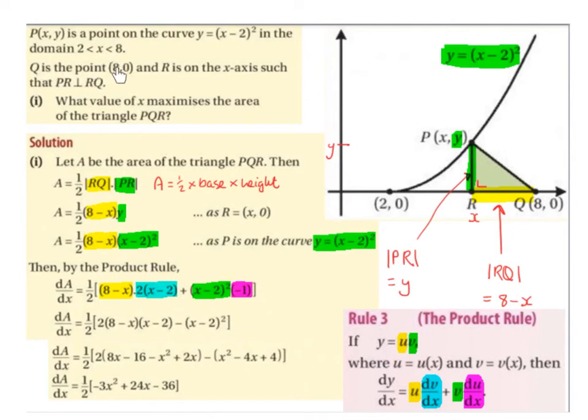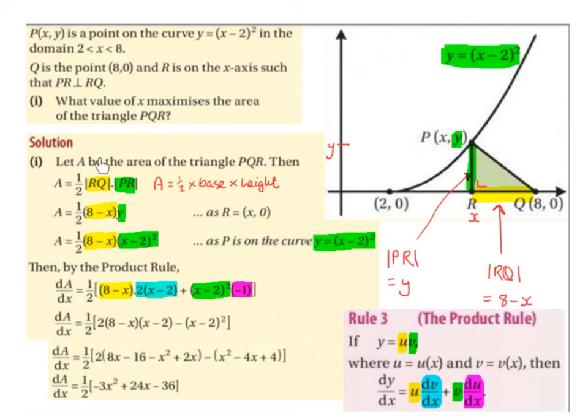Q is the point (8, 0). And R is on the x-axis such that PR is perpendicular to RQ. What value of x maximizes the area of the triangle PQR?